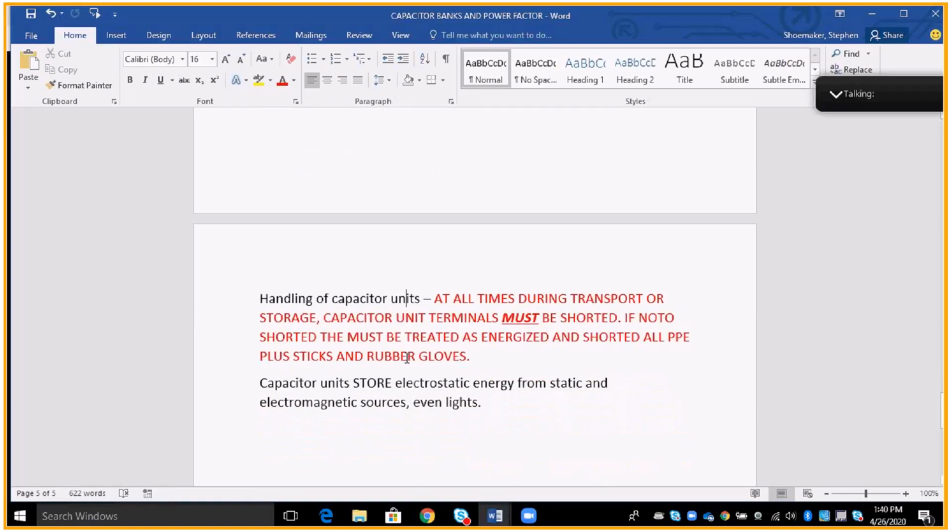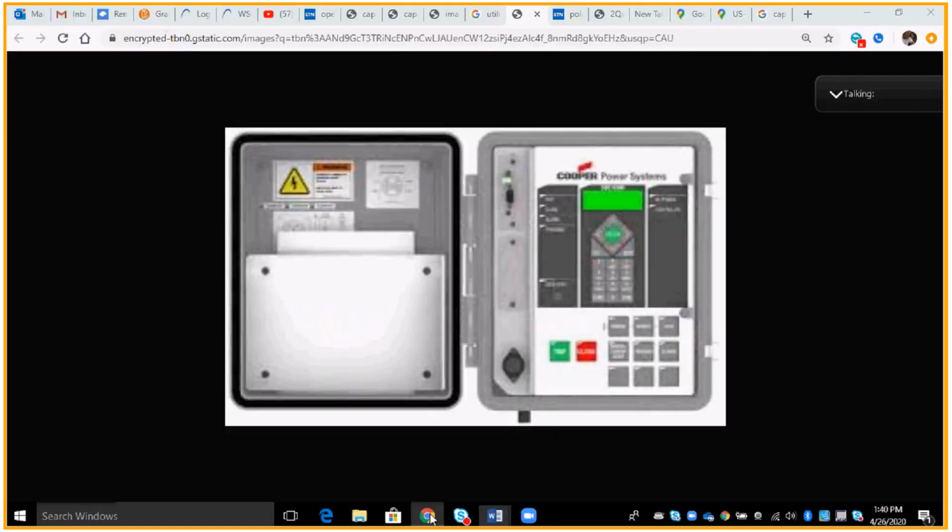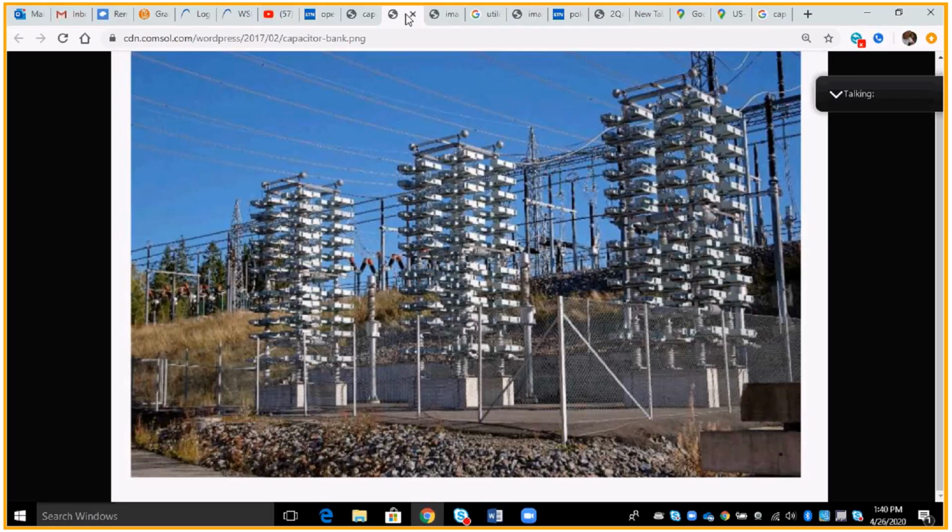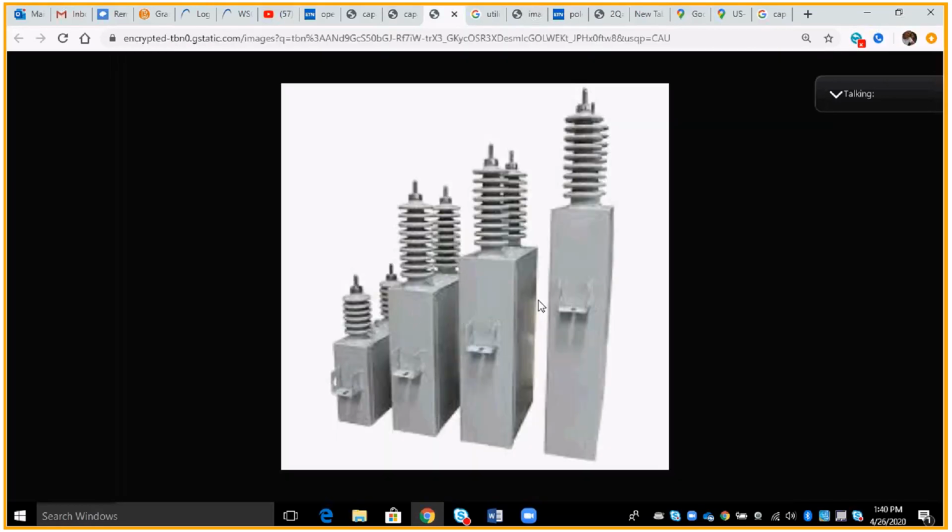All right, the capacitor units themselves. $100, $200, $300, and $400 right here. And like I said, even if you got the $300, you're going to pair it up to make it a $600.